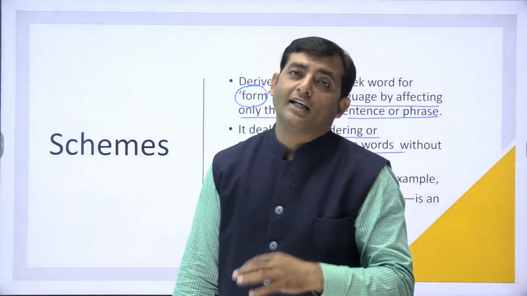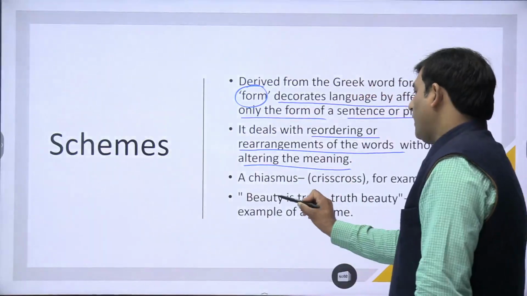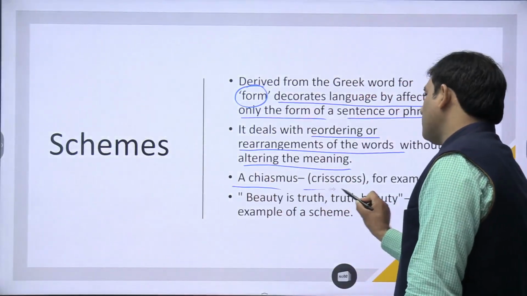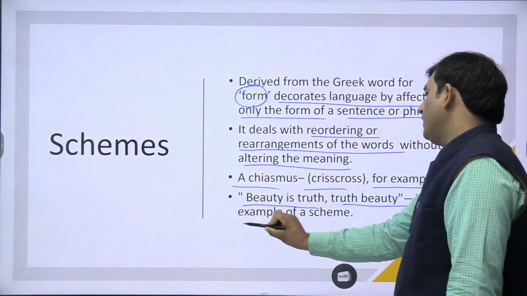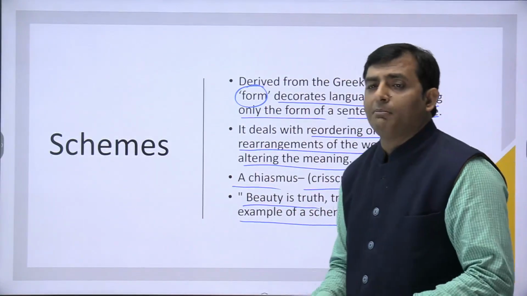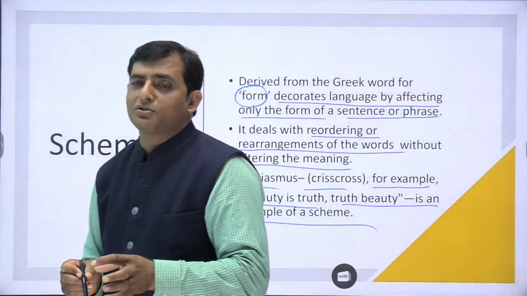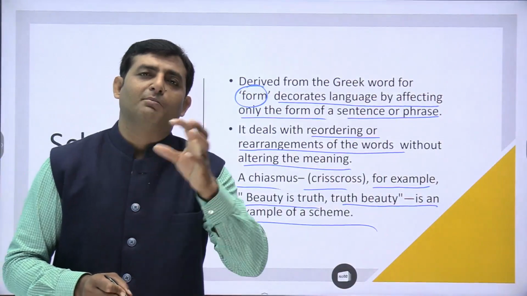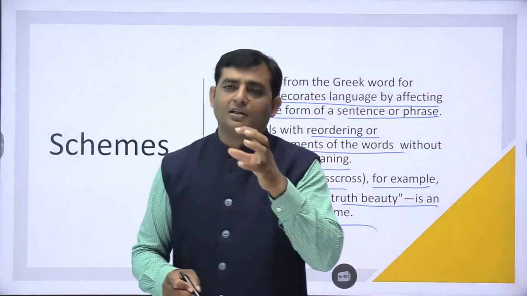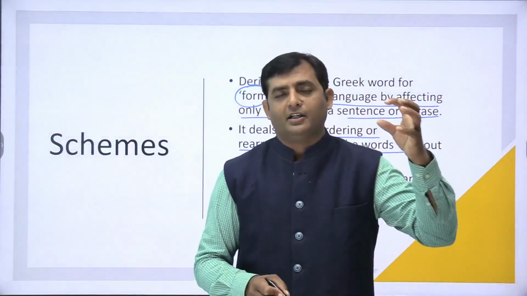This is called scheme. A chiasmus means crisscross. For example, beauty is truth, truth beauty is an example of scheme. I hope now you have understood both tropes and schemes. Tropes means turn, scheme means arrangement. Where the words are arranged in a different order, it is called scheme.